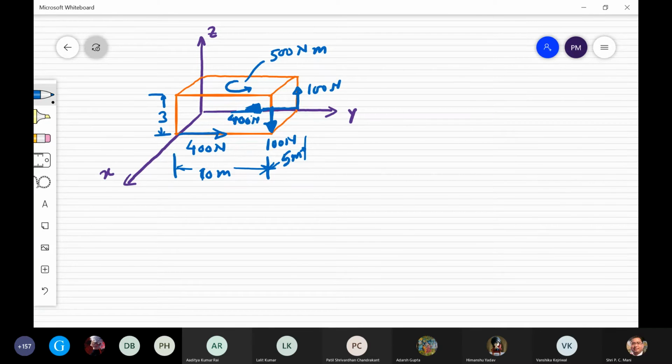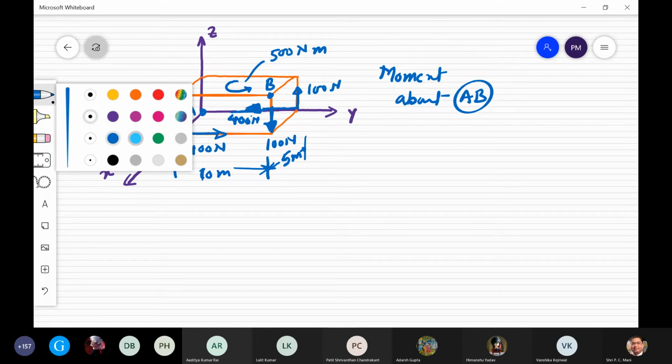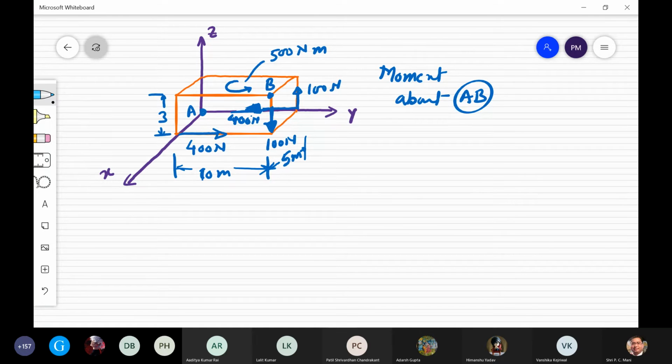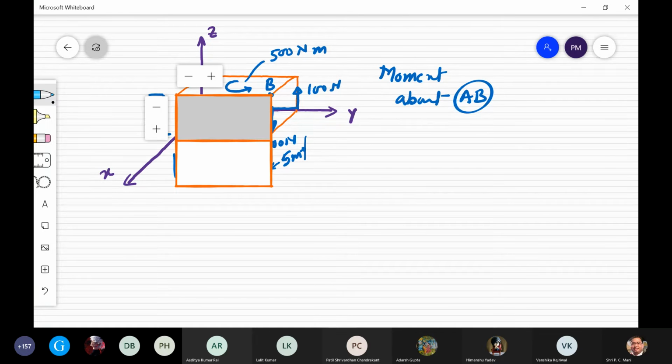Okay, the question says to find out the moment about the AB line. This one is A and this one is B. Okay, this A point and B point is given, so it is the solid diagonal AB.